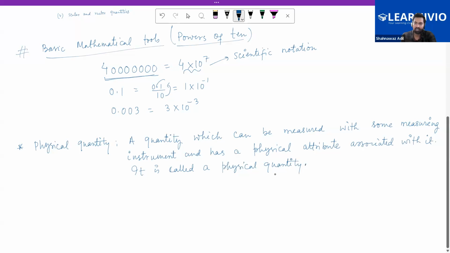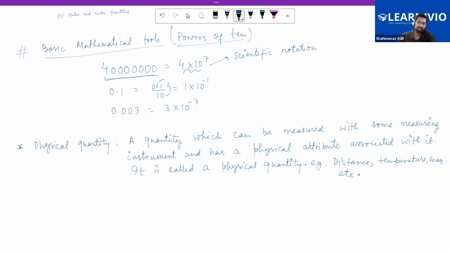Some of the examples are distance, temperature, mass, and all those things. All these are physical quantities.